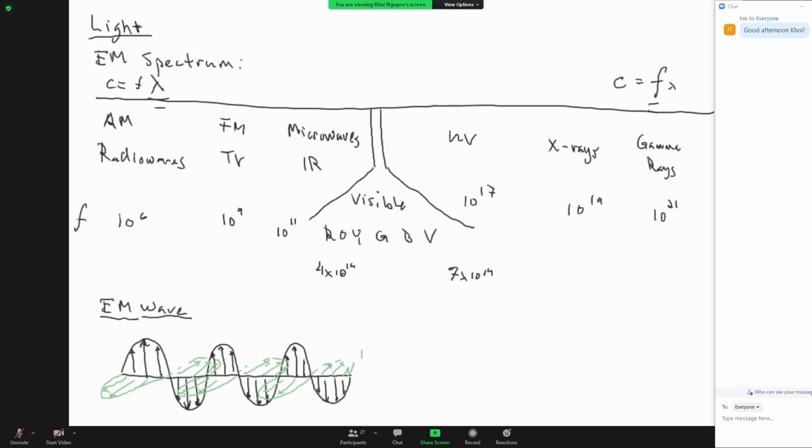So the green is your magnetic field component. The black is the electric field component. And what you notice is that they're 90 degrees relative to each other. Every wave from AM, FM, microwaves, UV, X-rays, gamma rays, and visible light rays behaves like this electromagnetic wave. It has an electric field component and a magnetic field component, both of which are perpendicular to each other.